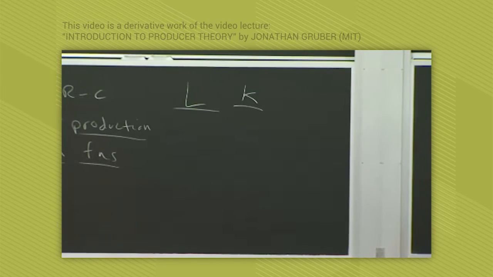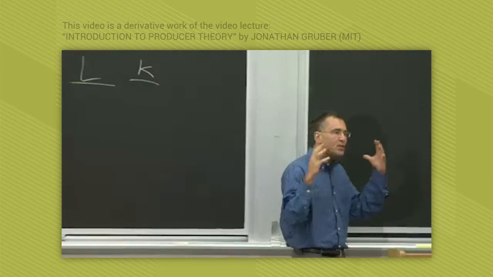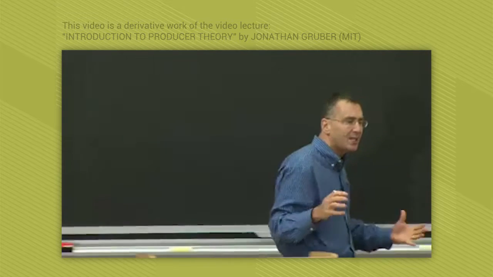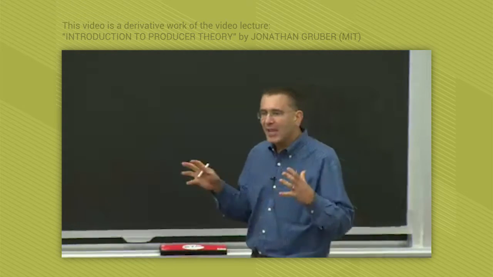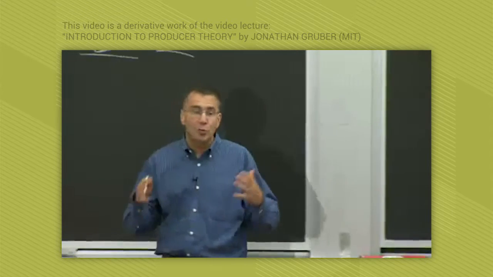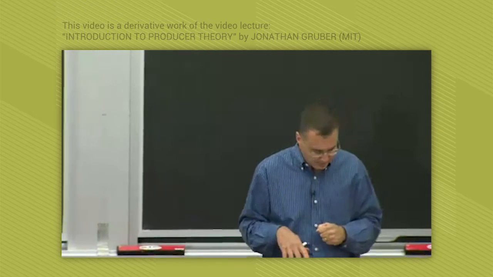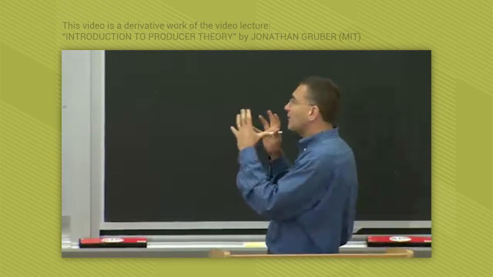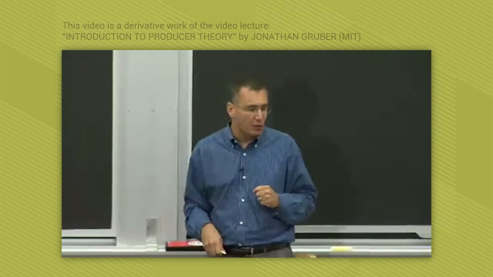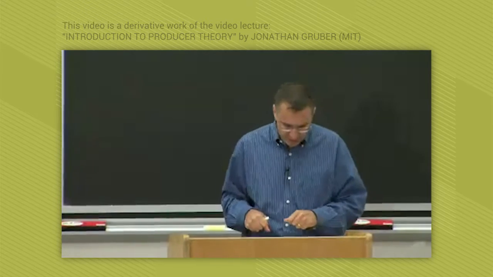Basically, for now, think of capital as everything else that goes into production: the machines, the buildings, the land, everything. When you produce stuff, you produce it with workers working with stuff. Capital's the stuff. Think of capital as a composite of everything else that goes into production. Once again, we'll add some more detail on this later.